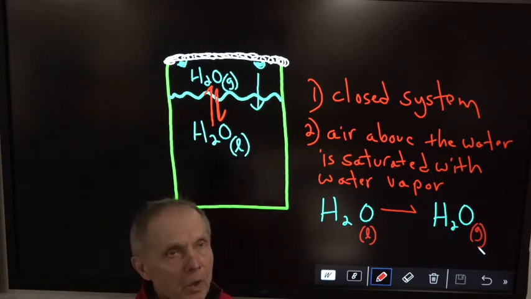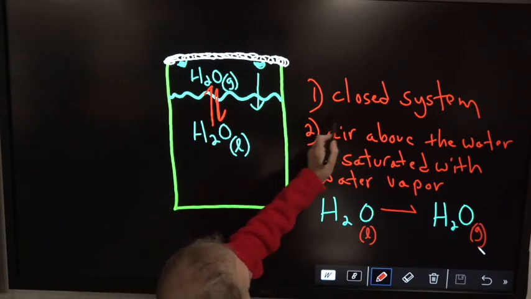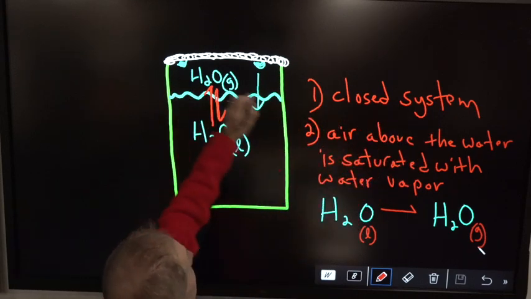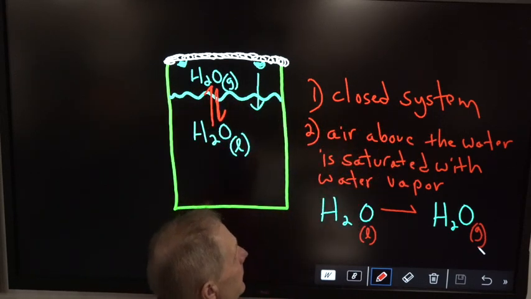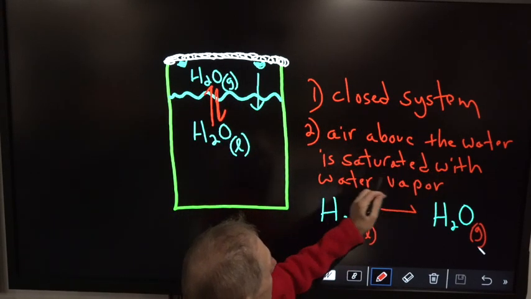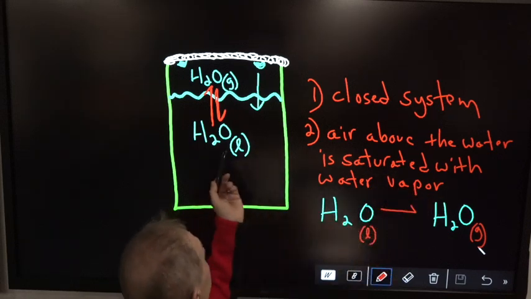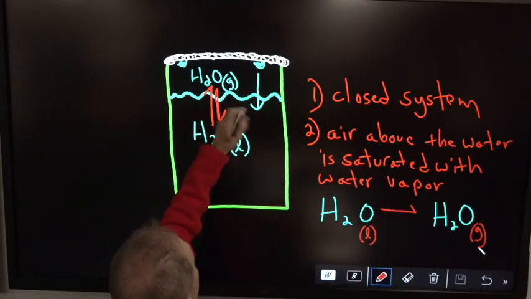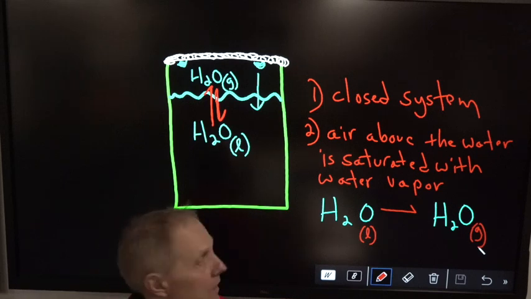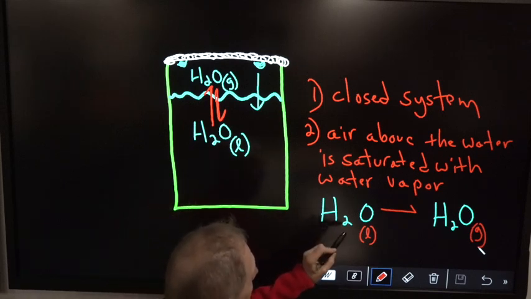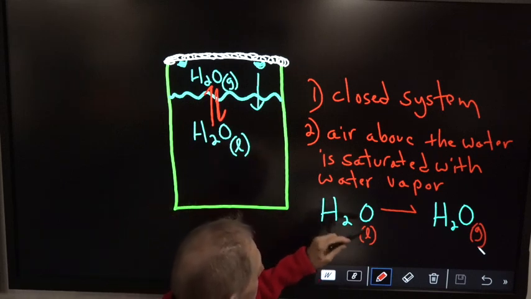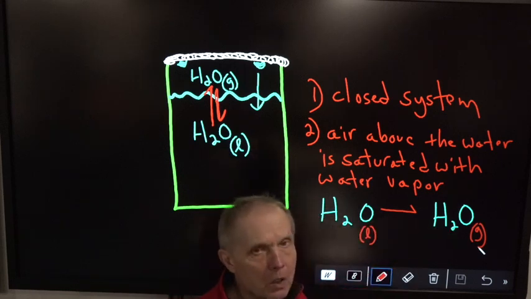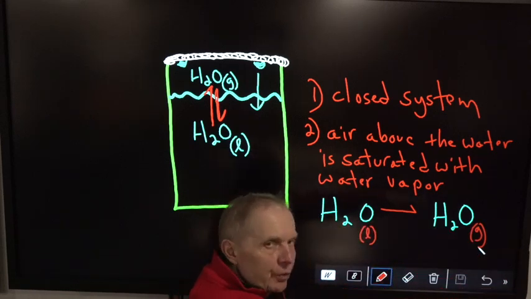So the rules one more time for this. We have a closed system because we put saran wrap on top of the glass of water. The air above the water is saturated with water vapor. So once we have the air above the water saturated with water vapor, it looks like this. Look, H2O liquid is turning into H2O gas, but it's only going this way.